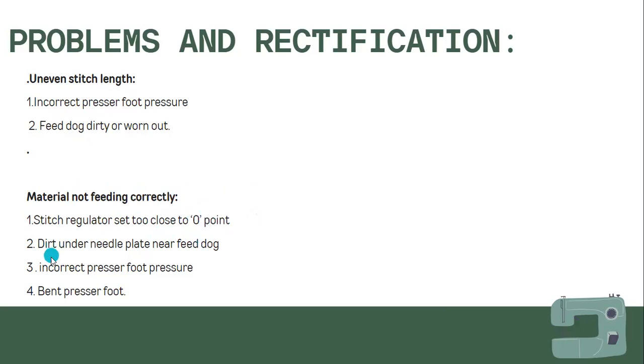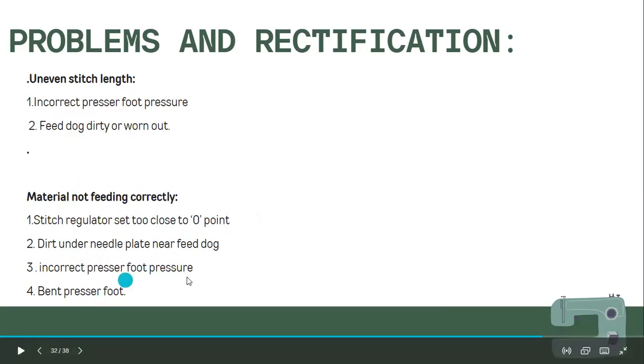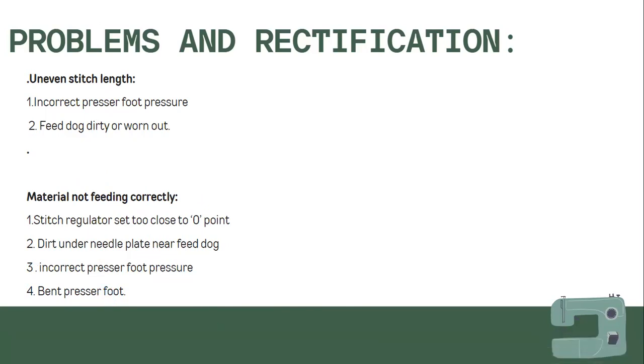There may be dirt under the needle plate, and there also the material will not feed and stitches won't come. Then incorrect presser foot pressure, or a bent presser foot. When the presser foot is bent, the stitches won't come. That is, the material doesn't feed properly and the machine does not stitch.